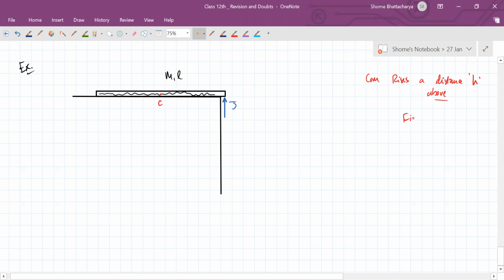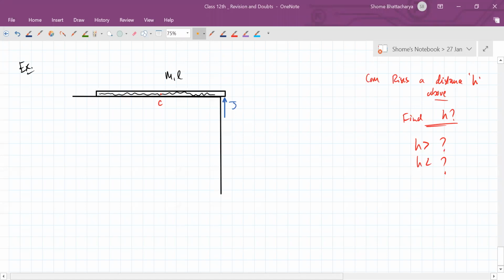So we have to find the value of h. I mean, the possibility of h. h can be greater than something, h can be less than something. All this we have to calculate. Okay, so various options are given.